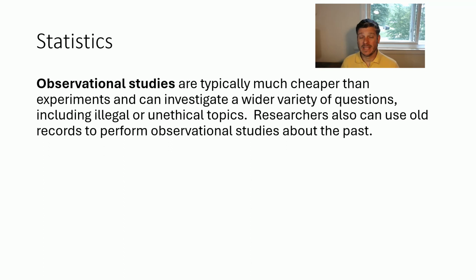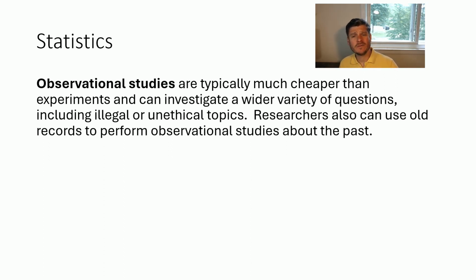Now, the observational studies are actually much more common because they are cheaper than experiments and they can investigate a wide variety of questions, including sometimes illegal or unethical topics. The nice part is researchers can also use old records to perform observational studies about the past. They're not imposing any treatment, they're just asking questions. And so all poll questions are typically observational studies.